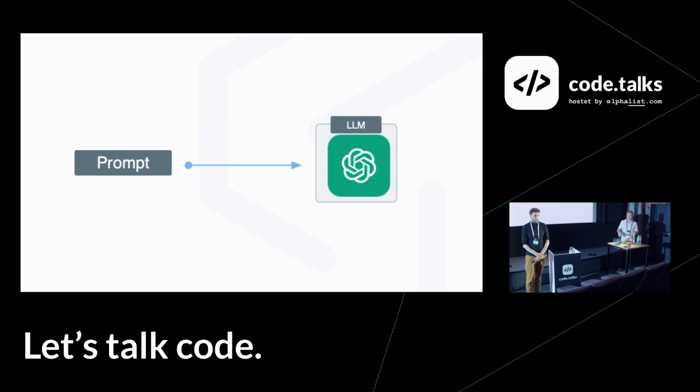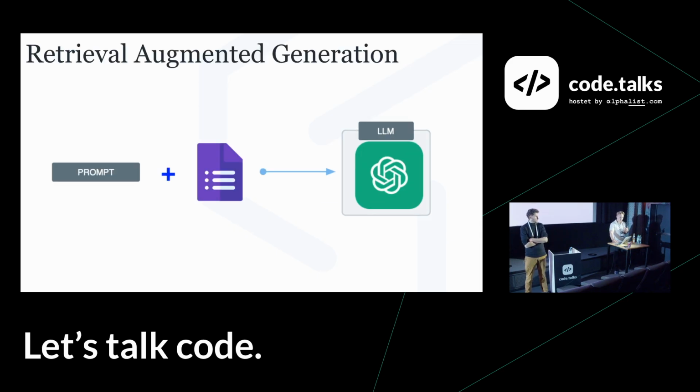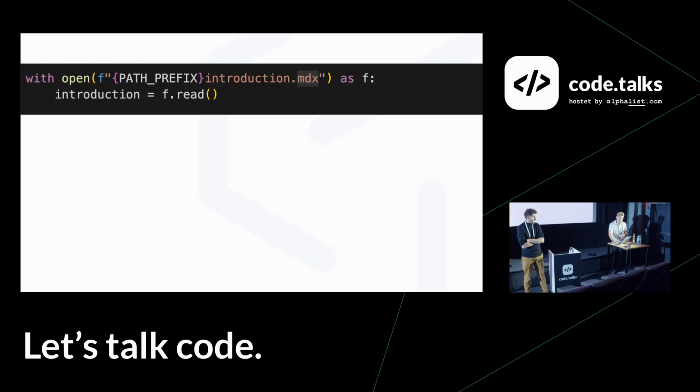So we were sending a prompt to the LLM, and now what we will be doing is we'll be adding some context, and this technique is called retrieval augmented generation, where we retrieve the relevant data sources for the LLM in order to provide it as a context such that the model knows how to handle the user queries.